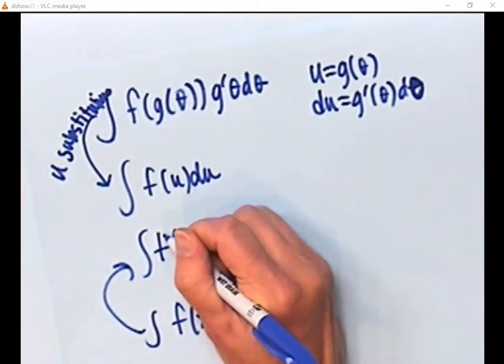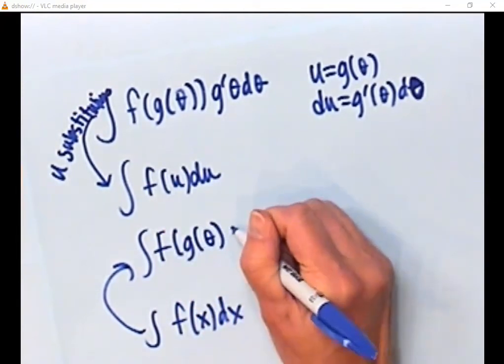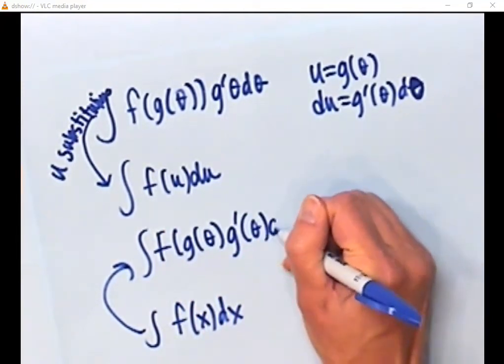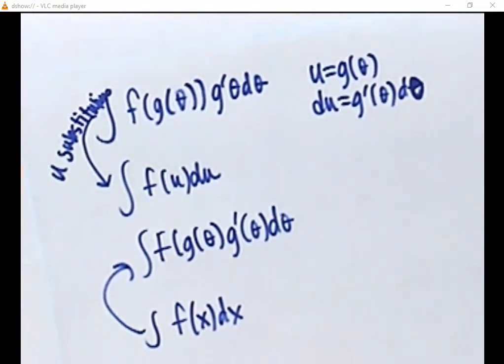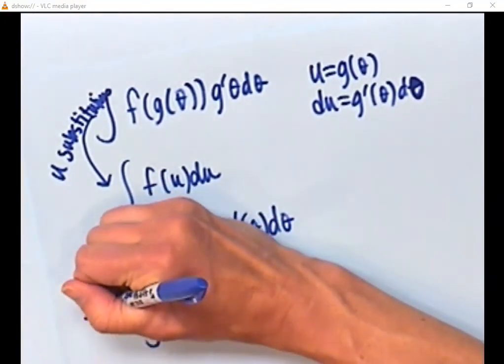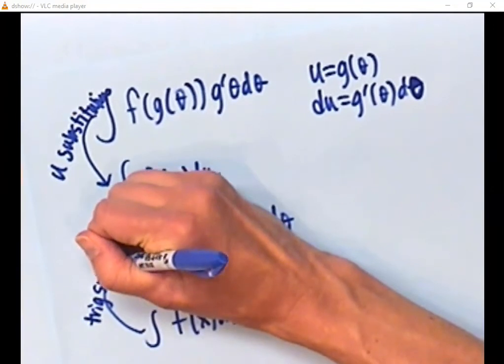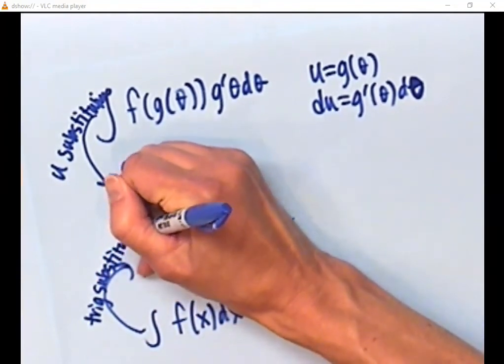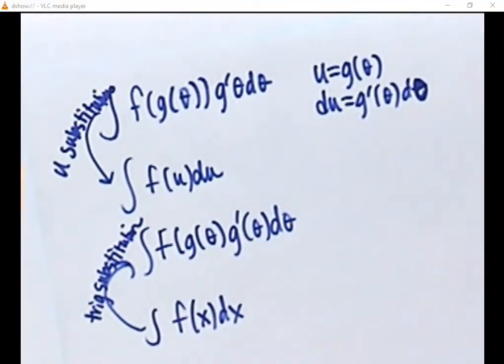So we're now making it a bit more complicated, because we're putting in thetas and derivatives with d theta. That's why I mean it's the reverse of u substitution, to go back and actually put it into terms of thetas, making it a little more complicated. More stuff is in there. So yeah, that's what I meant.